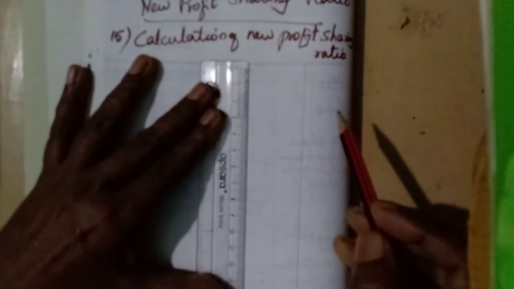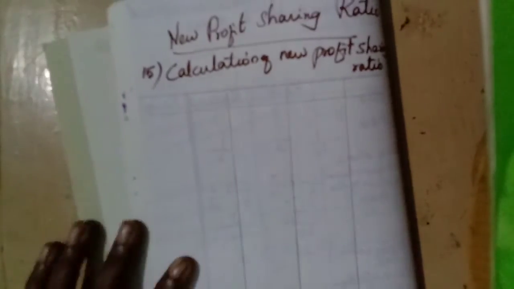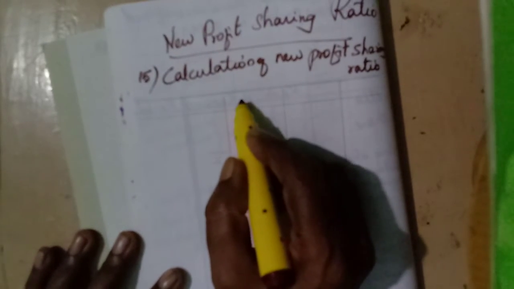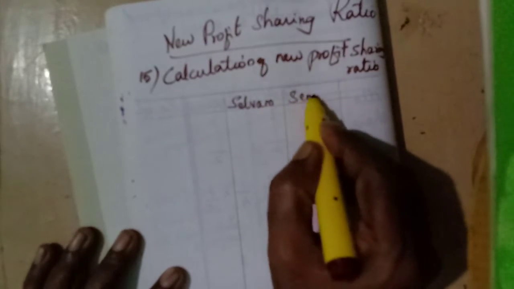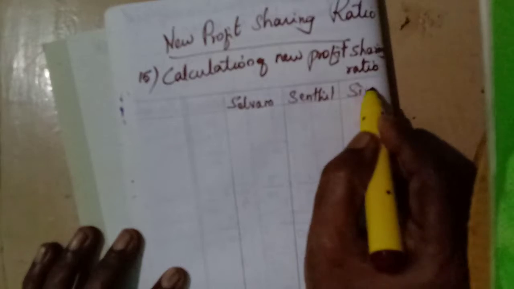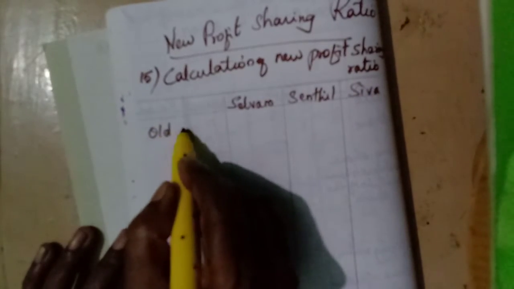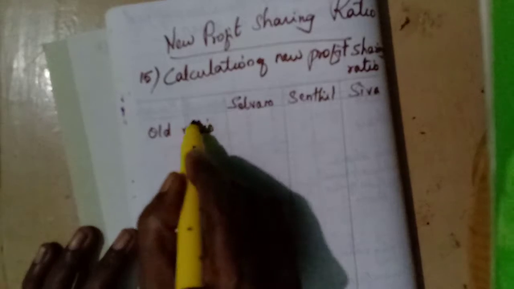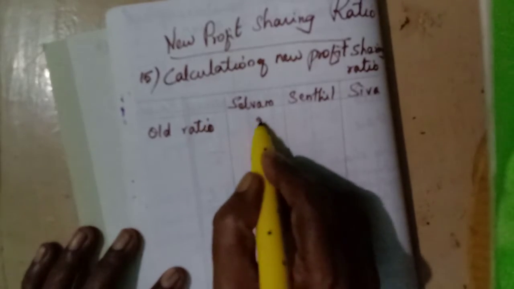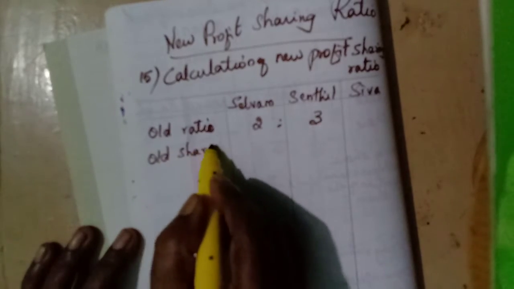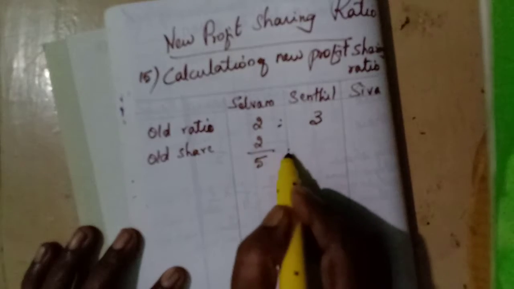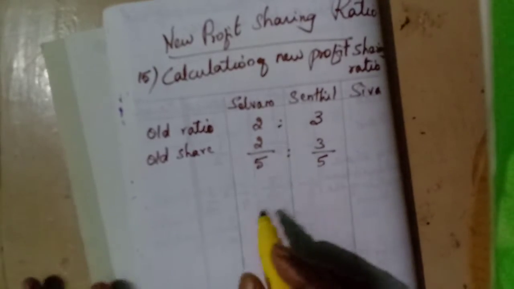Partners' names we should write. First the old partners, Selvam, Senthil. New partner Siva. First the old ratio. Old ratio 2:3, so old share 2 by 5 and 3 by 5.